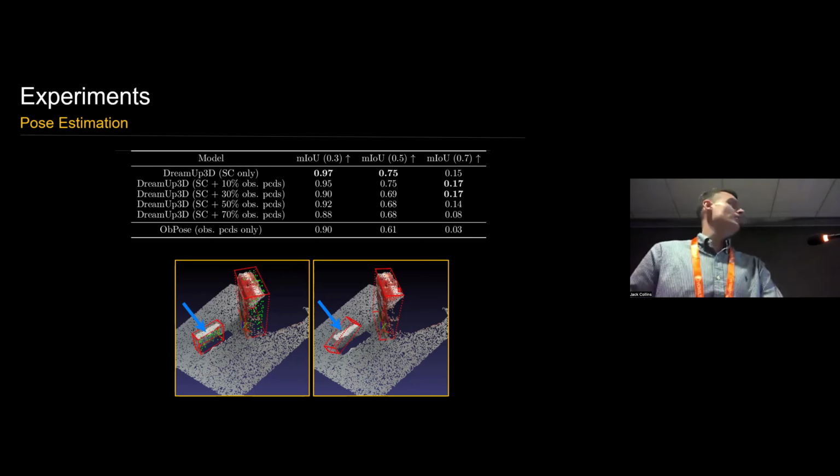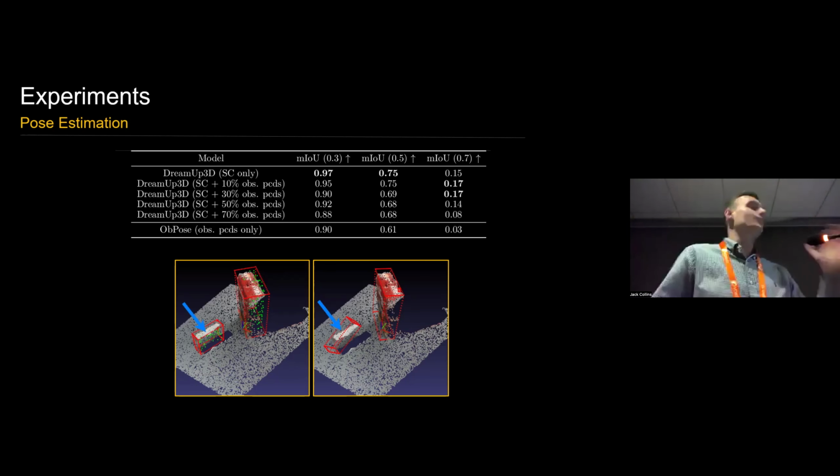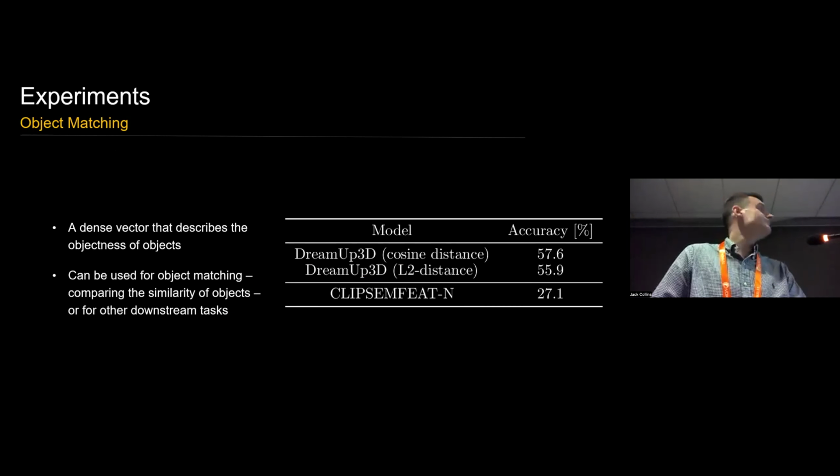And so we compare it over the mean intersection over union with more and more points. So you can see we've got multiple comparisons of DreamUp3D with different numbers of points and where they come from. We also do an object matching experiment where we use the dense vector, or the latent representation that comes out of DreamUp that describes the objectness of objects, and we use that to do comparison between different objects.